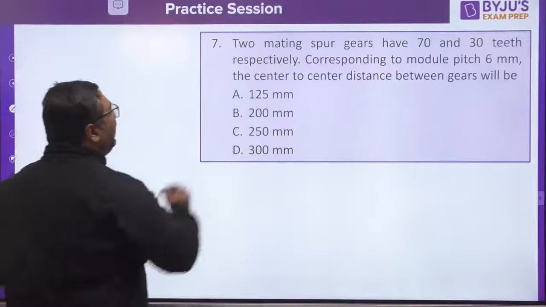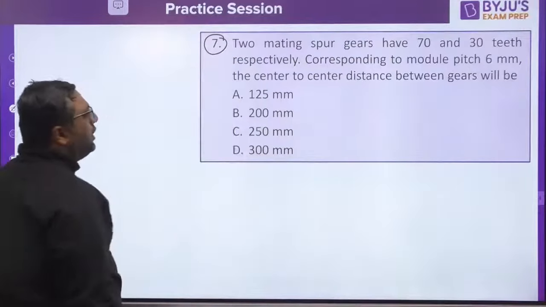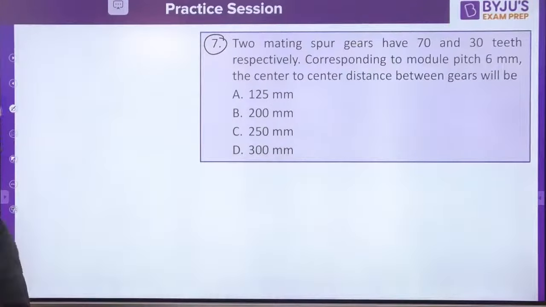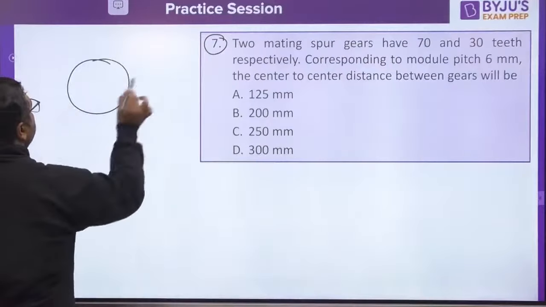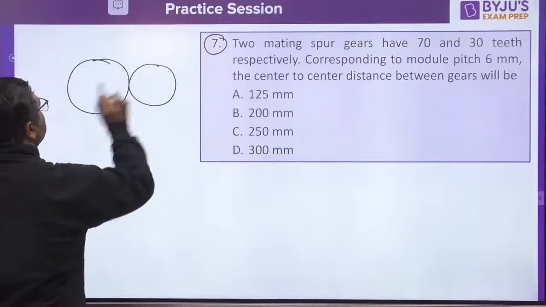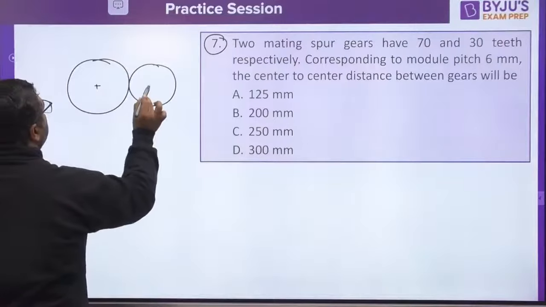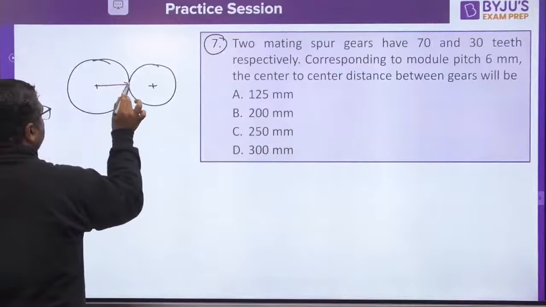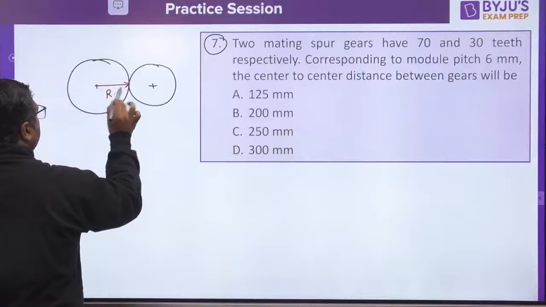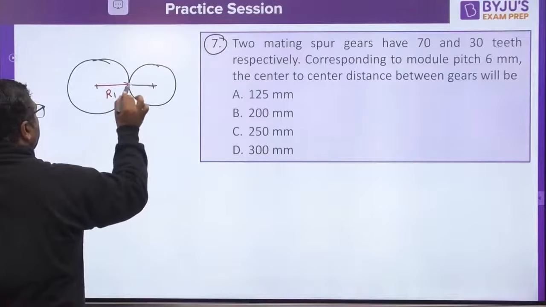This is from gears. This is an easy question. You need to find out the center distance between the two gears. So there are two gears, one gear, second gear. So this is R1, this is R2.